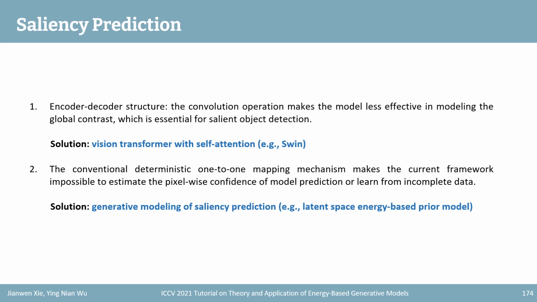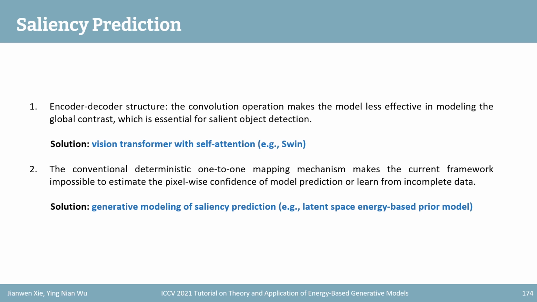To solve issue 1, we can use a vision transformer to replace the encoder-decoder structure. For example, Swin presents a hierarchical transformer with a shifted windowing scheme to achieve an efficient transformer network with high-resolution images as input. Also, we can study generative modeling of the supervised saliency prediction problem by using a generative model framework.